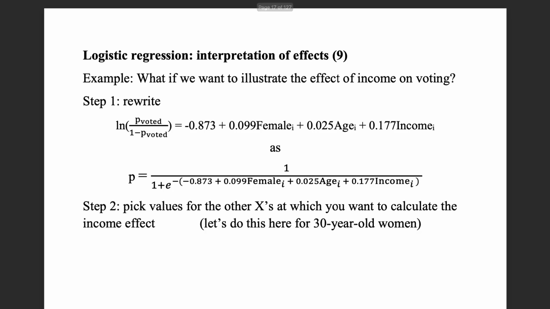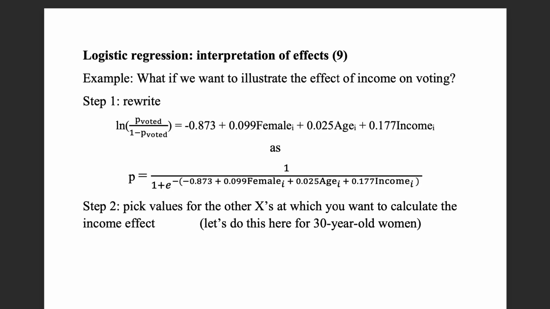Step 2: if we want to show the effect of income on a predicted probability, we need to say at which values for the gender variable and the age variable we want to show this effect of income on the predicted probability of voting. Again, it's more or less arbitrary which values you pick; do whatever best fits your research question.